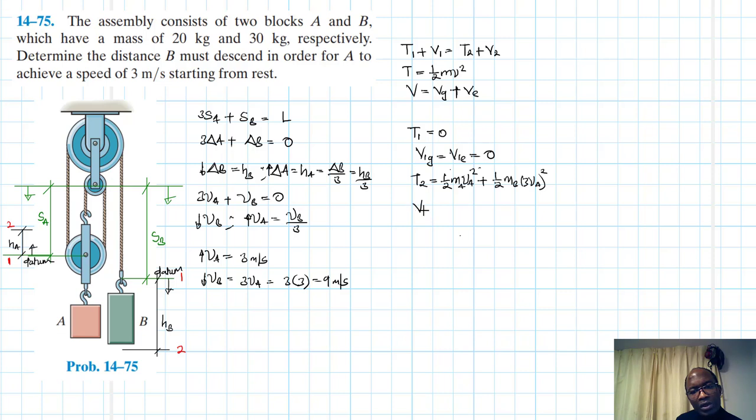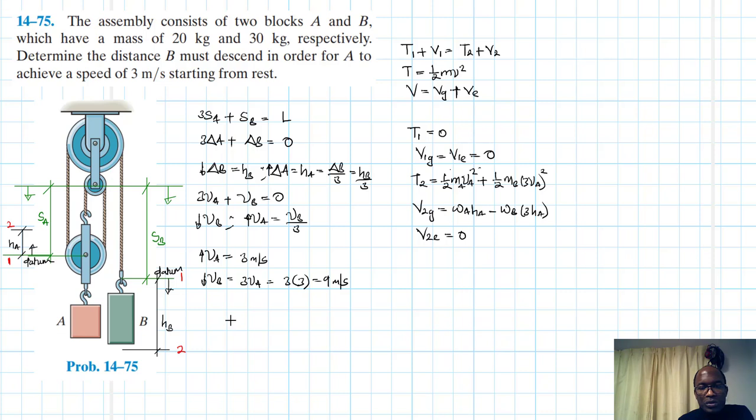And then V2G, this is just equal to minus WA, sorry, this is a plus, WA, that term is down, HA, and then minus WB, HB is just a 3HA, right? And then V2E is just equal to 0.